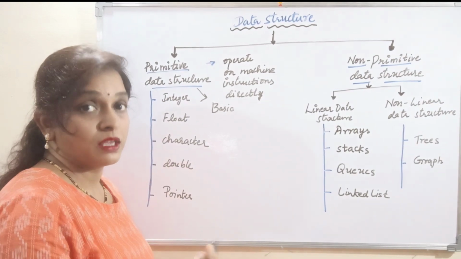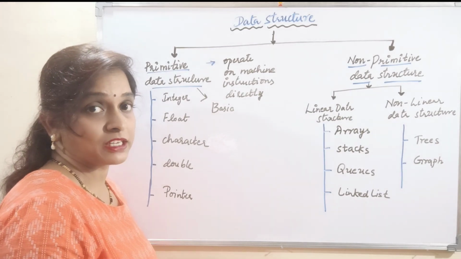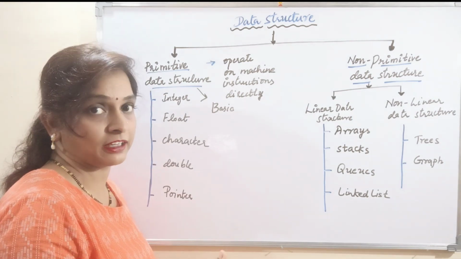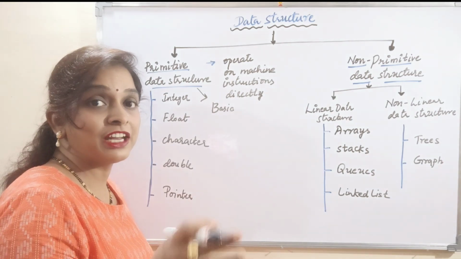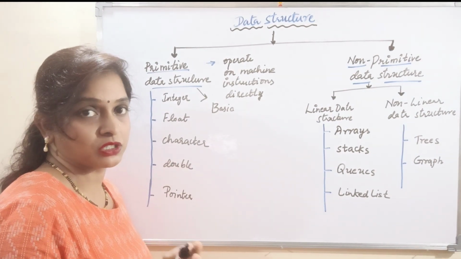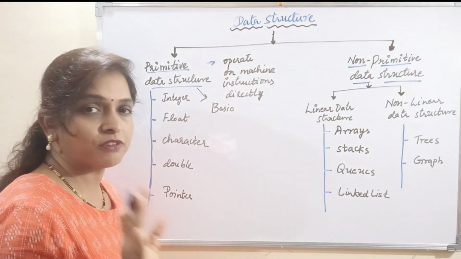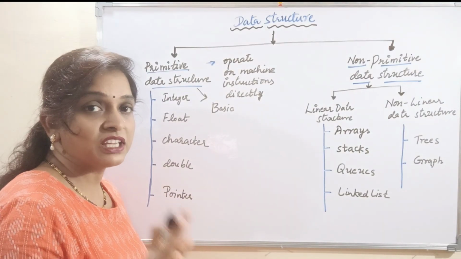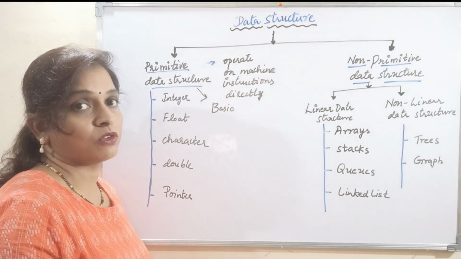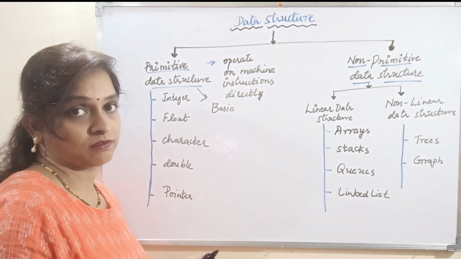Depending upon the machine that we have, whether 32-bit or 64-bit, it is going to allocate 2 bytes or 4 bytes. So it is going to act upon the machine instruction directly. We, the user, need not change that. It only acts upon the machine instruction, and hence it is called basic, primitive, fundamental data structure. We need not do any extra things.